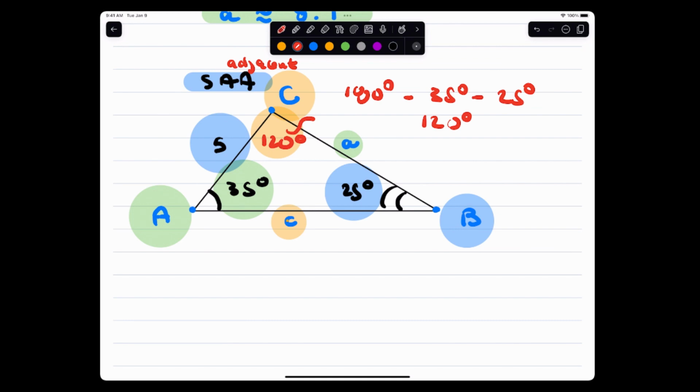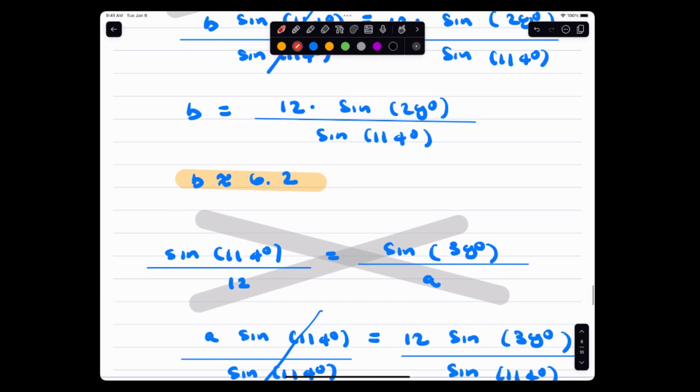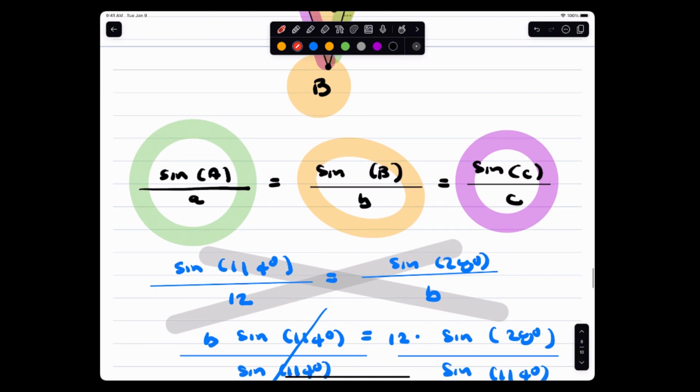Okay, now we're home free. You say, why are we home free? Because we could now use what? What is this known as again? Law of sines. I know it has different colors, but we're going to change the colors.